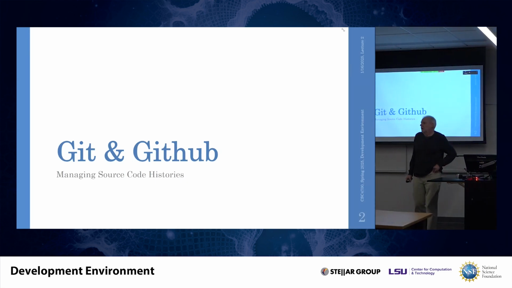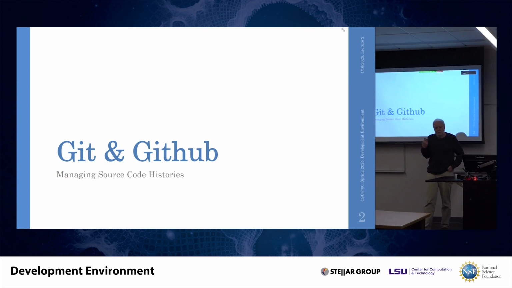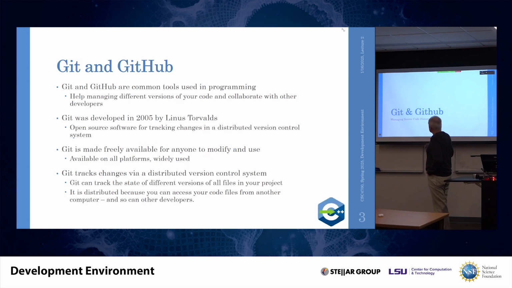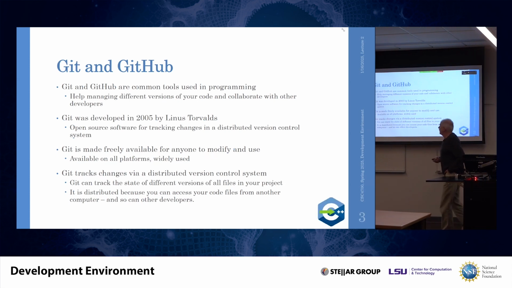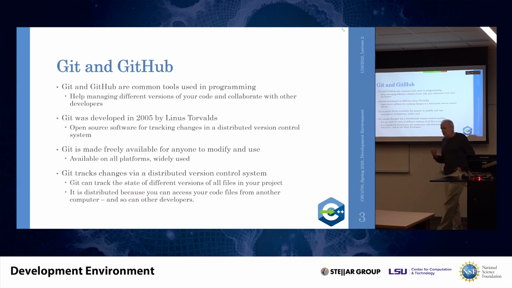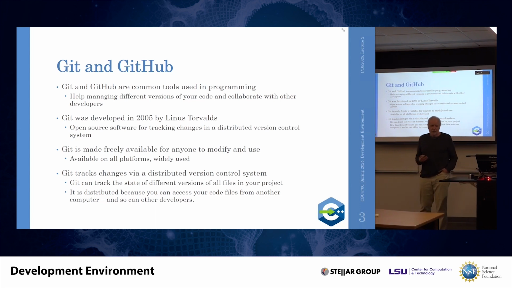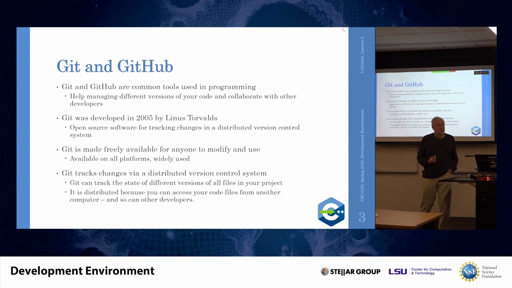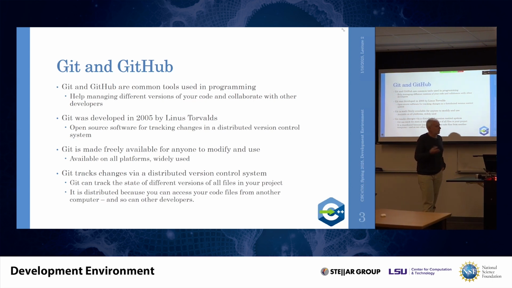Git and GitHub. Git is the tool and GitHub is a web page. And I will try to explain what's what. So Git and GitHub are common tools that are used in programming almost everywhere nowadays. It's the source code control system that has established itself as the main means of managing source code across the industry.